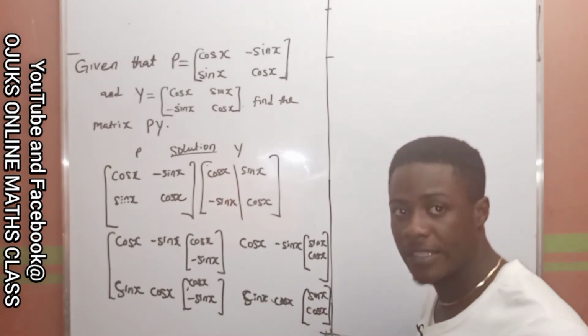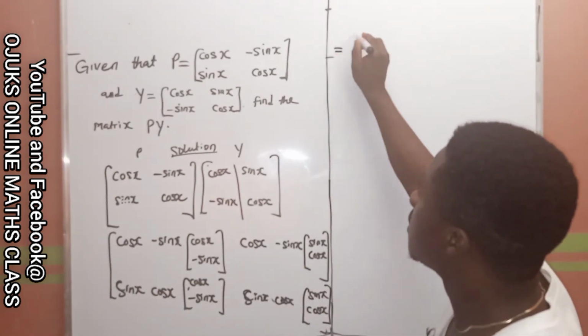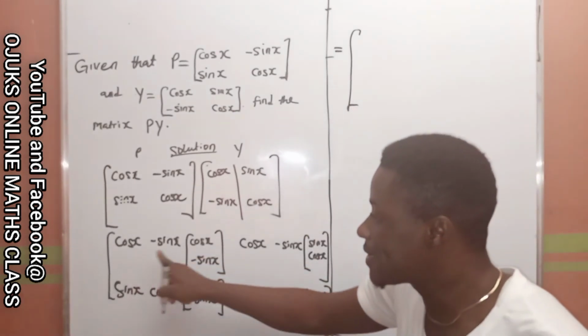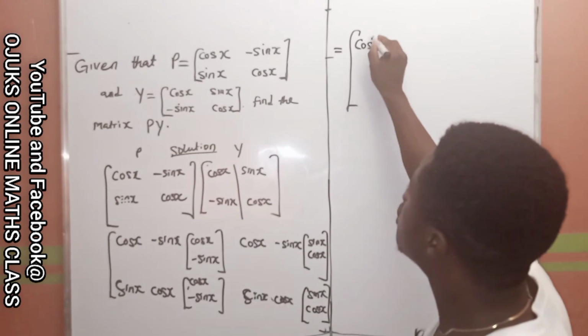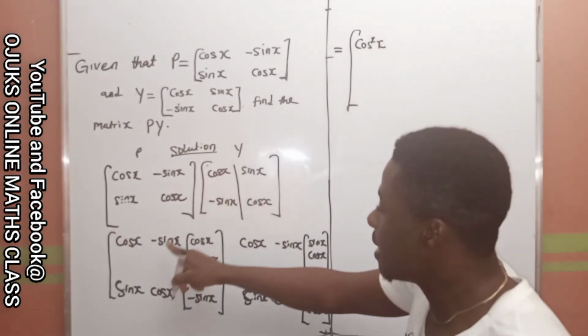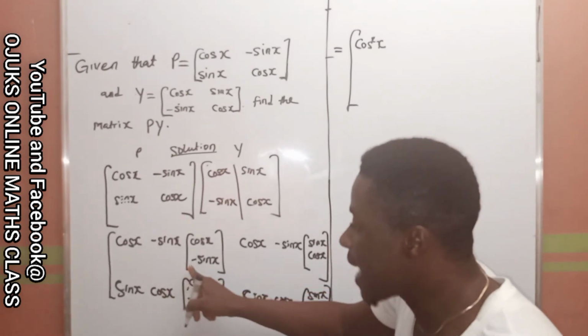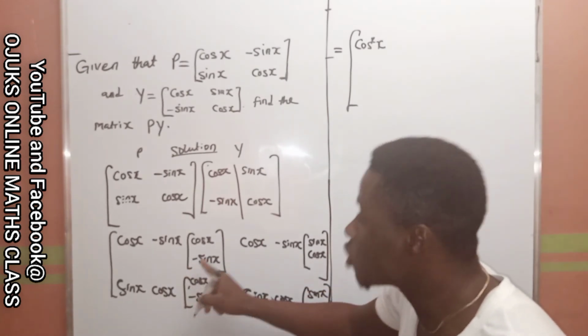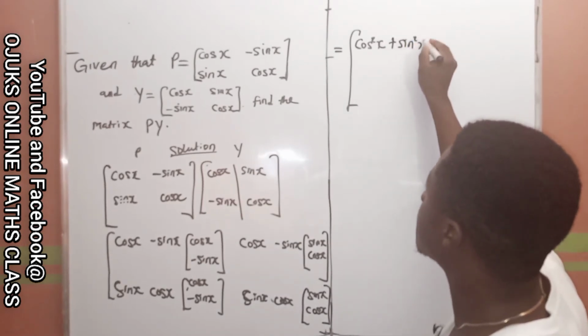Now let's start. Cos x times cos x will give us cos square x, then plus this minus sin x times minus sin x will automatically give us plus sin square x.